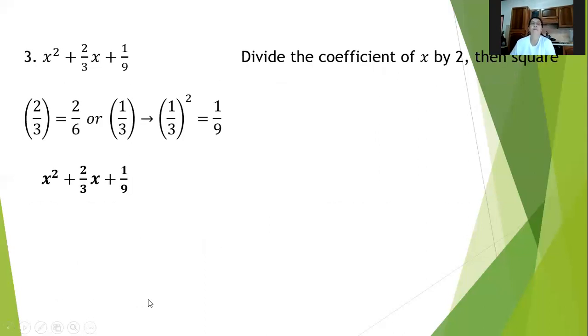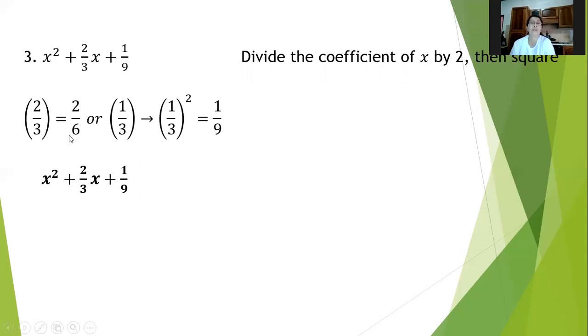Now, for number 3, we have x squared plus 2 over 3x plus blank, to get 1 over 9. Okay, get the numerical coefficient of the linear term, 2 over 3, divided by 2. 3 times 2 is 6. 2 over 6 is the same as 1/3.